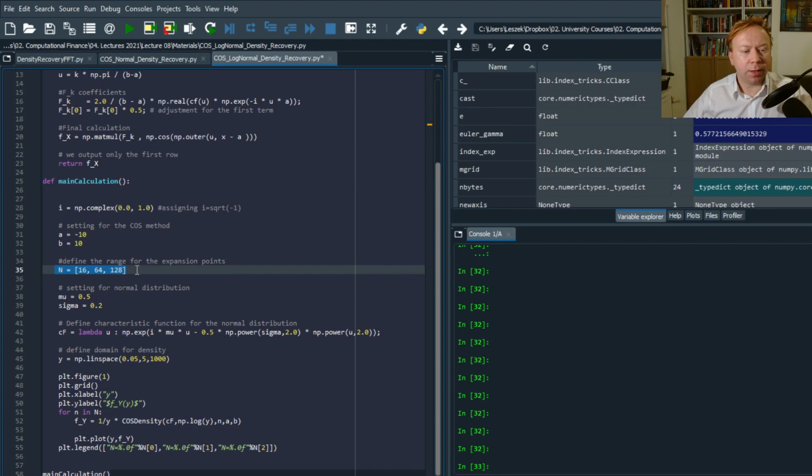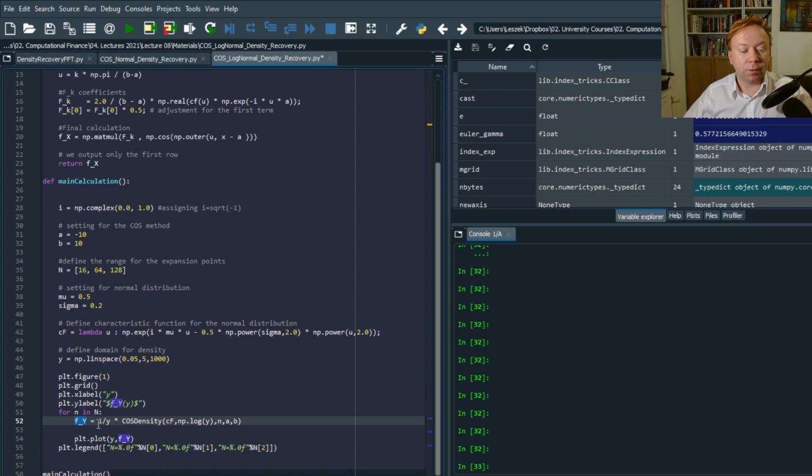So we have specified the number of expansion terms, but because it's a log normal distribution, we need to have a higher number of terms. Again, we have some parameters mu and sigma, and then for the number of expansion terms, we perform the calculation of the density. But as you can see, we do this slightly differently this time.